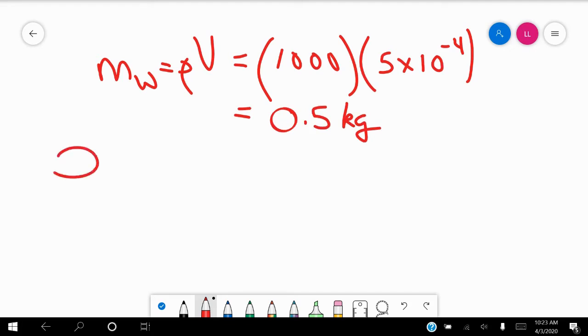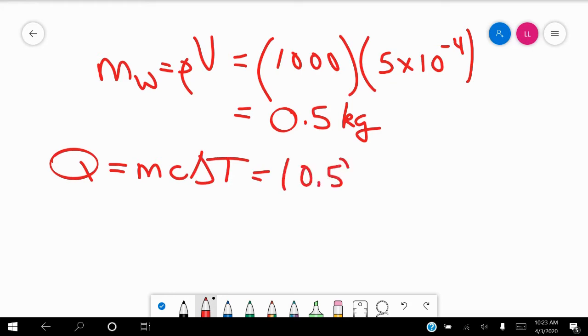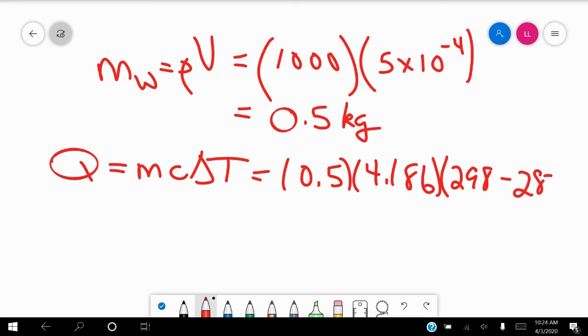Now we're going to find the heat that was added to the water. We're going to use our MCAT formula, so mC delta T. So we have that half a kilogram. It gives you the specific heat of water is 4.186. And then also the temperature change. So we're at 298 Kelvin and we start at 283.